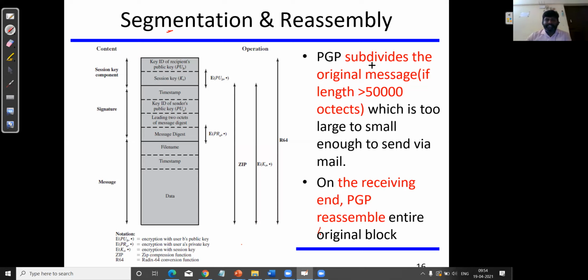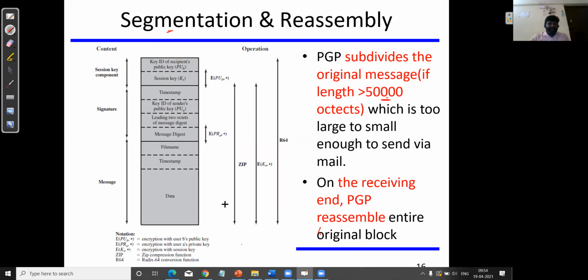Pretty Good Privacy subdivides the original message if the length is more than 50,000 octets. If it is greater than this size, it will be very difficult to transfer through email, so it is divided into different segments.